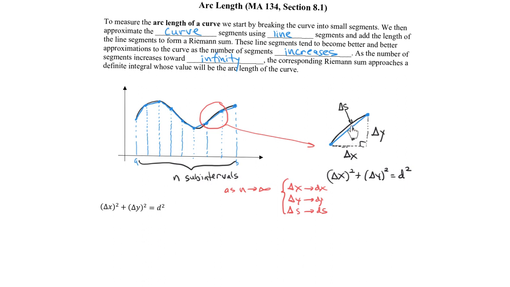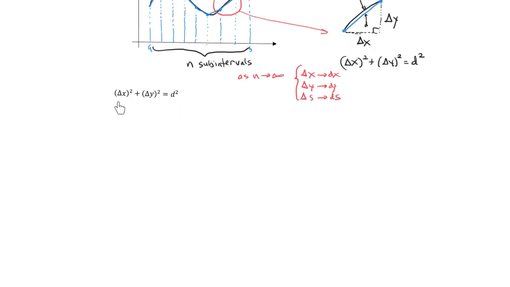These will be the same as a limit. Remember, we're going to use limits here so that we can treat this delta s as a limiting value, as it will act as if it is a straight line, like this little d here. So with that in mind, let's go ahead and take a look at this.